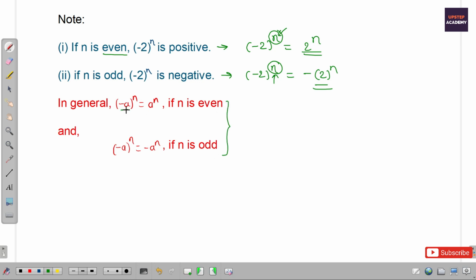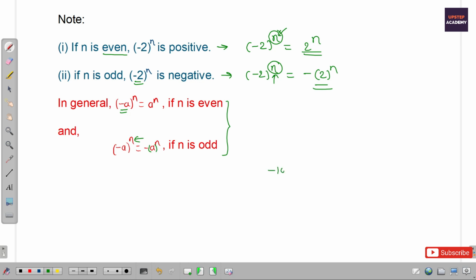Okay, so we have taken minus a instead of minus 2, and it will be equal to a raised to n if this n is even, and minus a raised to n will be minus a raised to n if this n is an odd number, right? Let me give you an example for it.